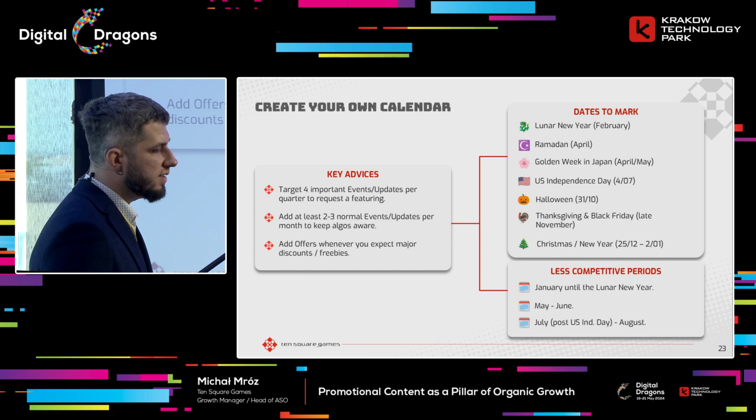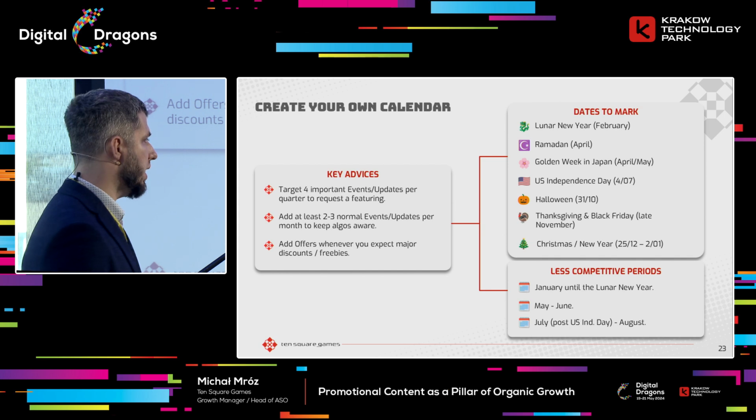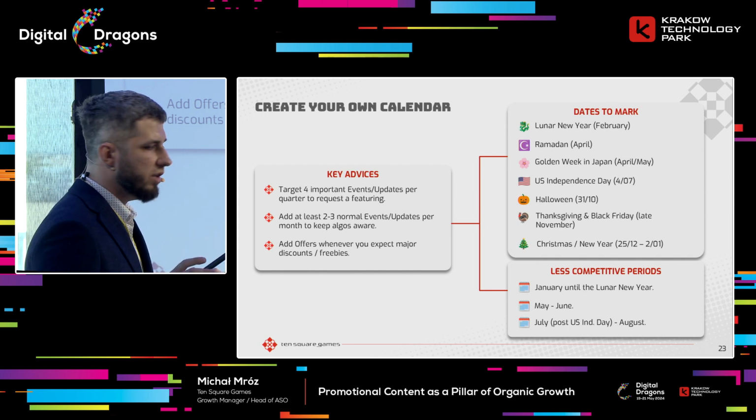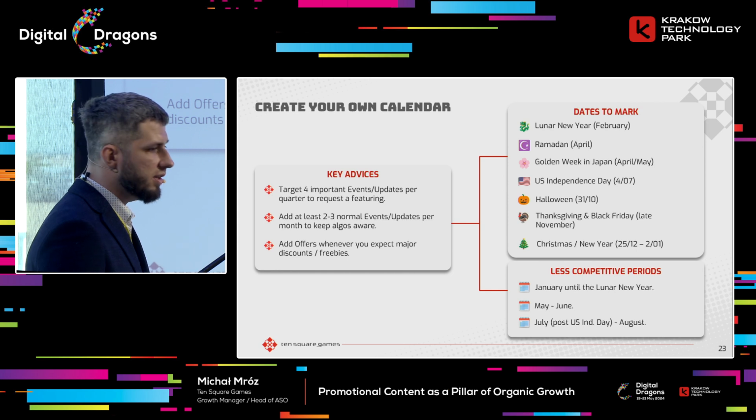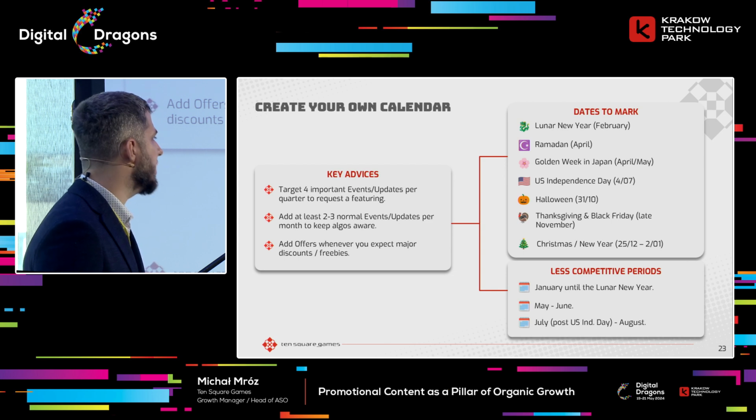And then in September, we have back to school, and afterwards we have a very intense Q4. So this is something that you still want to compete in, but don't expect major uplift here because for seasonality purposes, it's really hard to compete against the big guys during Q4.